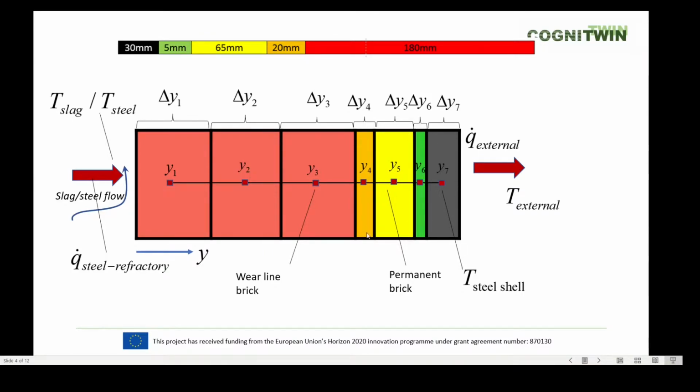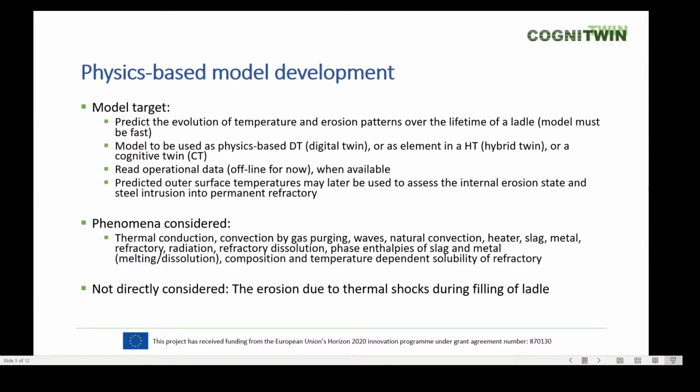These layers are supposed to have low conductivity and to protect the steel from being overheated by the hotter inside. In the model we have designed, we are using this as a numerical grid for computation of the refractory temperatures, both in the sidewall and in the bottom.